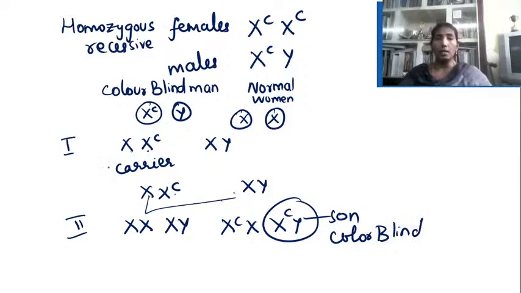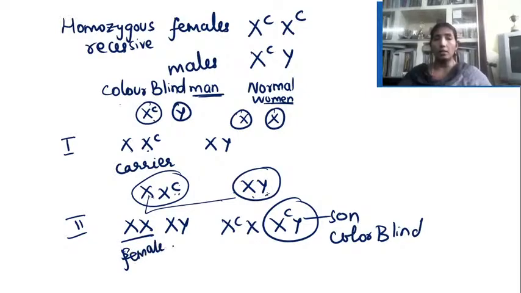Always you can see that this is a male and this is a female, right? So the female who is a carrier is getting married to a normal male. So what is happening? You can see that the children here: there is a normal female, a normal male, a daughter who will be a carrier, but a son will become colorblind.